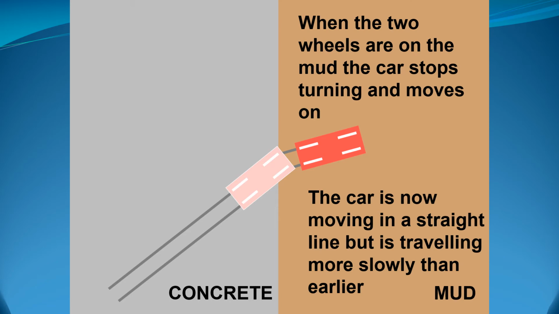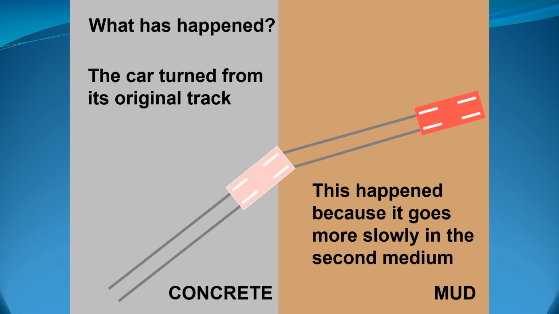It turns around so much that now both wheels are in the mud. Both wheels are now moving at the same speed, so the car stops turning and it starts moving on. But you see, it's now moving on in a straight line again, but it's travelling slower than it was before. And what's happened to it? It's still going in a straight line, but it's going in a different straight line to what it started out at.